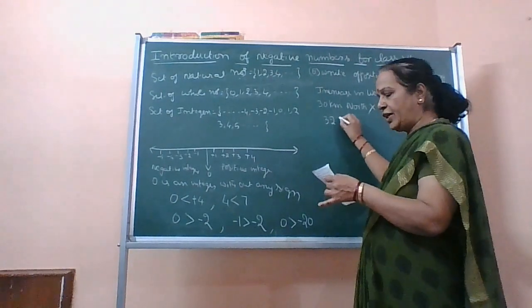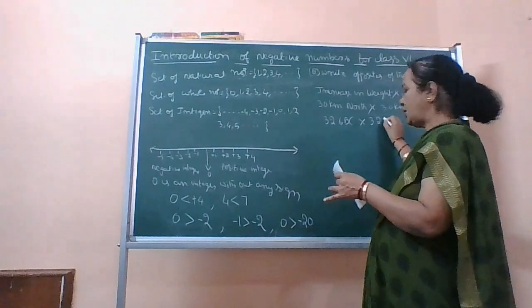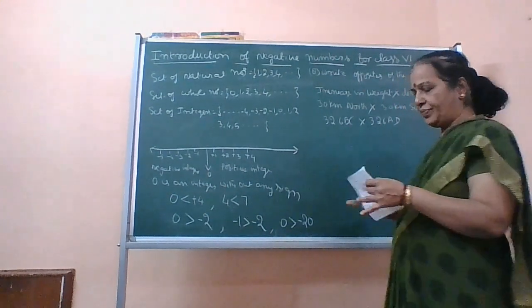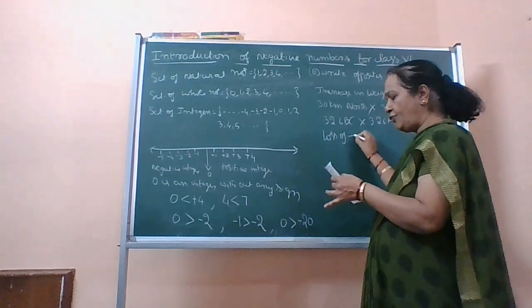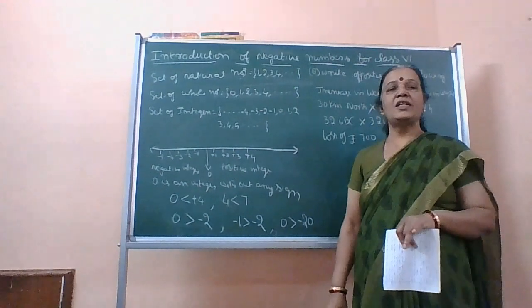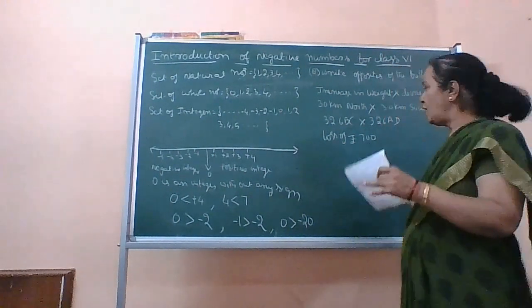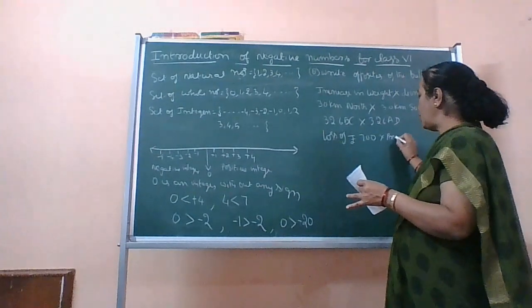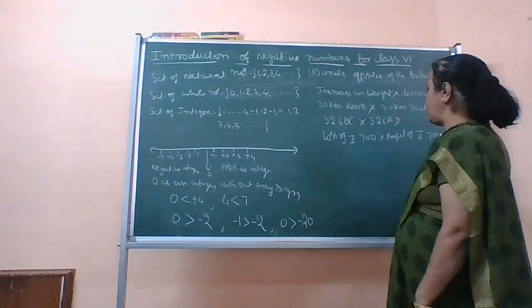For 326 BC, the opposite is 326 AD. Now, loss of rupees 700. Loss is represented by minus sign. Therefore, for this, the opposite is profit of rupees 700.